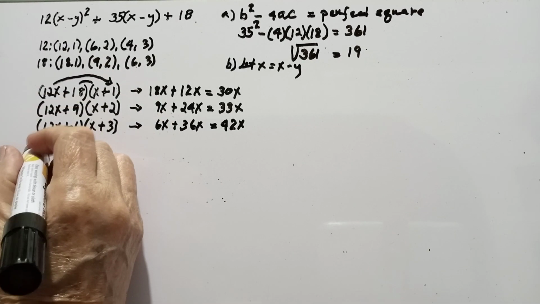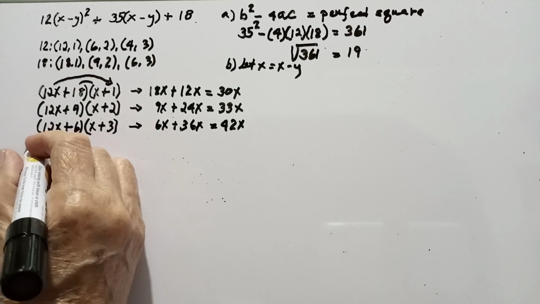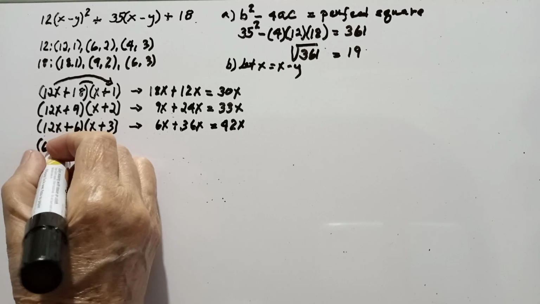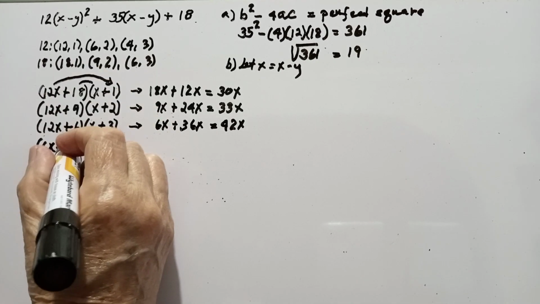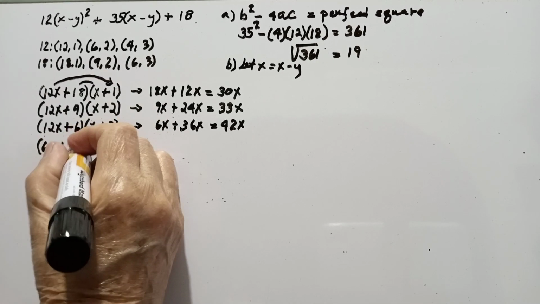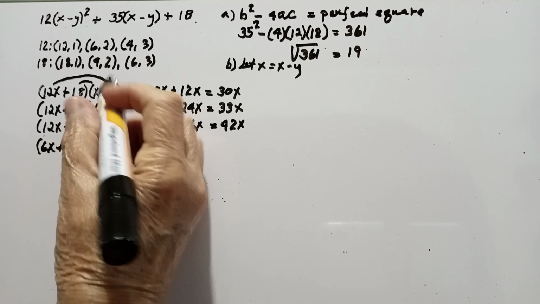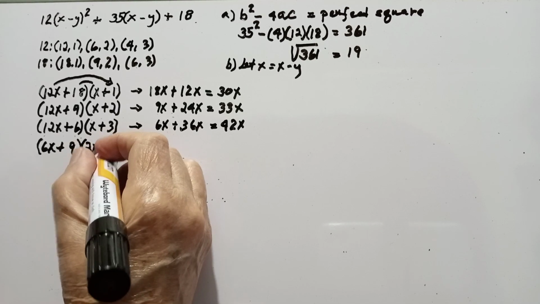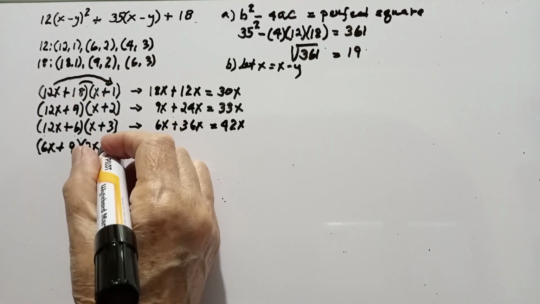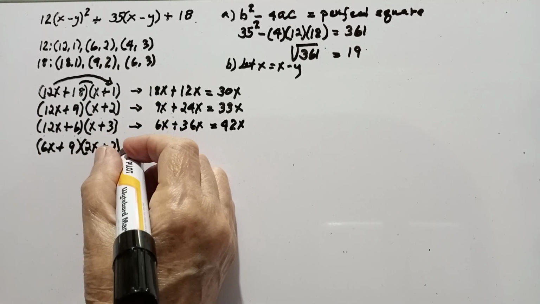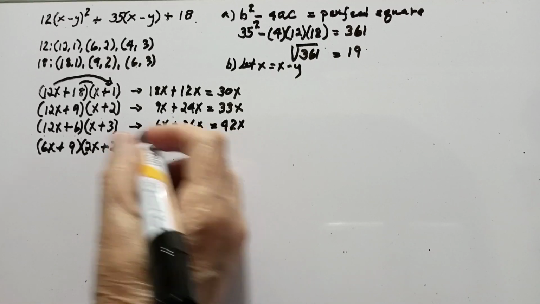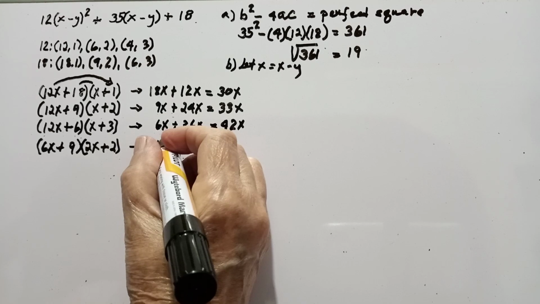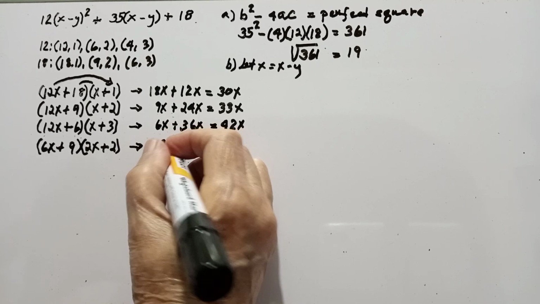So we have 6x plus 9, and then 2x plus 2, so that would be 9 times 2 is 18, so 18x.